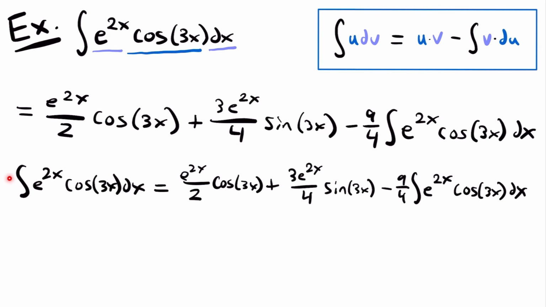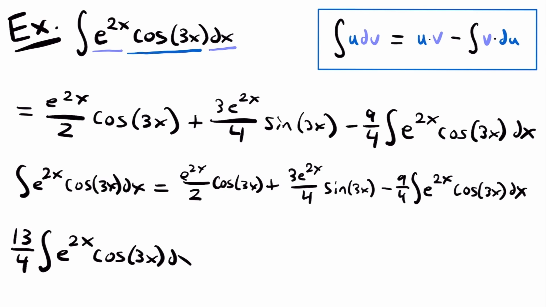And so if we have 1 plus 9/4, 1 is the same as 4/4, and so 4/4 plus 9/4 is 13/4, and so we will have 13/4 times the integral of e to the power of 2x times cosine of 3x dx. And this is the result of adding this integral to both sides of the equation.